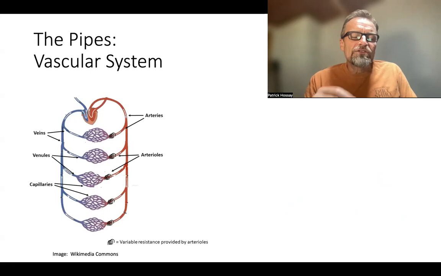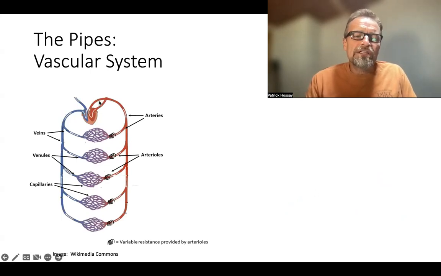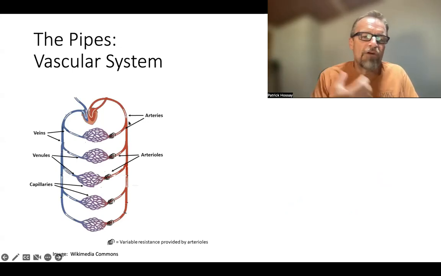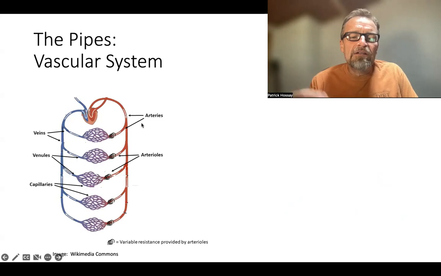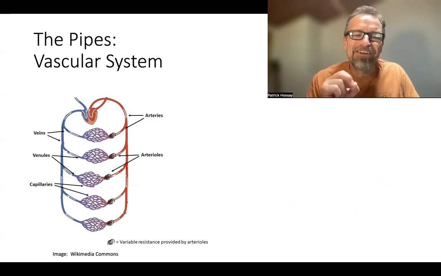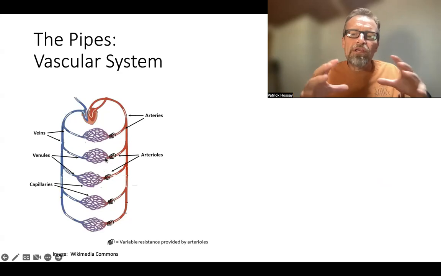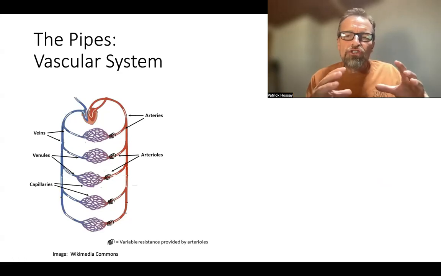Okay, so that's the fluid. The pipes themselves are the vascular system, and that includes arteries. That's coming from the heart. Those are the main pipes that are bringing blood from your heart. That can then get into smaller and smaller arterioles, which then go into capillary beds. And the capillary beds is where the exchange with your tissue happens.